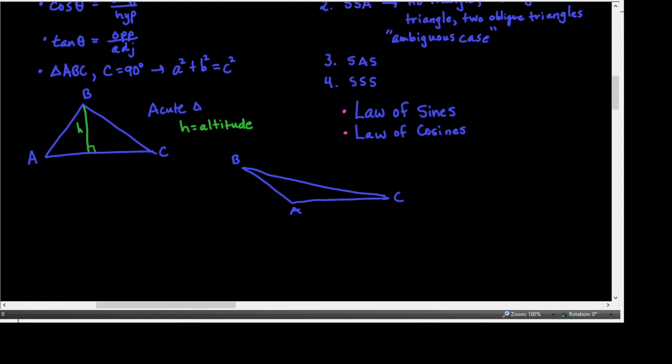So if I'm dropping this perpendicular to the line AC, I'm actually going to have to extend that side of the triangle, and the altitude can be, like in this case, exterior to the triangle. What I'm about to say applies to both of these situations, in other words, in all situations, because every oblique triangle is one of these two. It's either acute or it's obtuse, if it's not right.